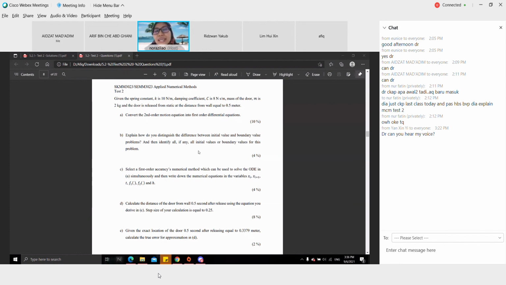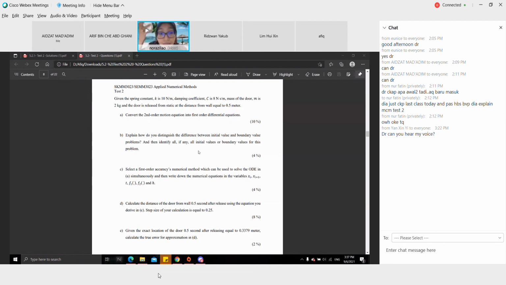So katalah you terguess yang ini boundary value problem. Okay, and then identify all, if any, initial value or boundary value for this problem. So bila you guess boundary, so you kena buat two condition of boundary kan. You kena tulis macam y(x), when x equal to 0, y berapa?